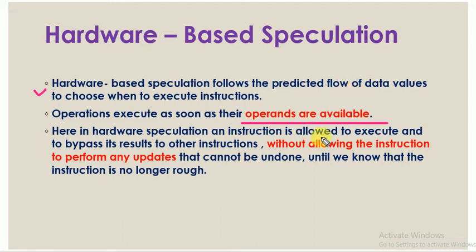An instruction is allowed to execute and to bypass its results to other instructions without allowing the instruction to perform any updates until the final guesses are correct. Until we know that the instruction is no longer risky.